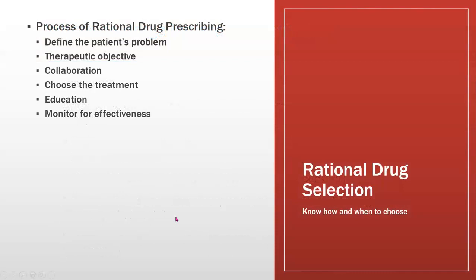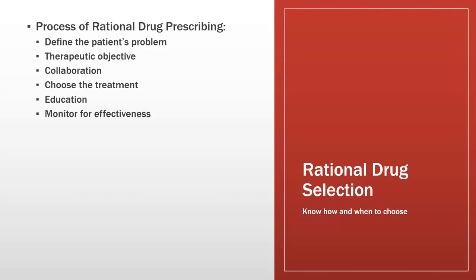So we'll talk about rational drug selection, which we talked about a little bit at the beginning. What's the process of rational drug prescribing? Be able to define the patient's problem. What is your objective? Collaboration is usually important.